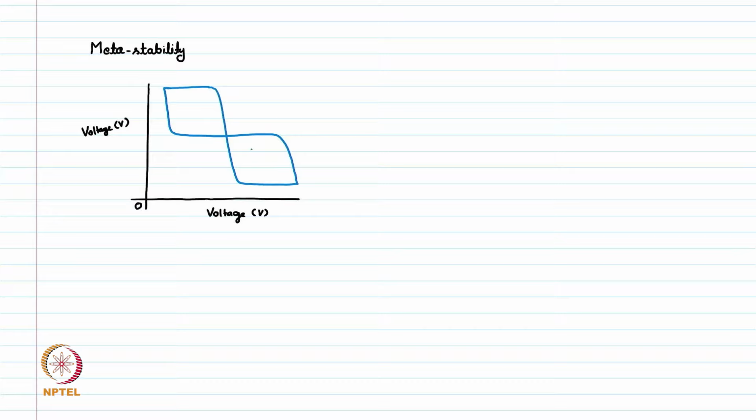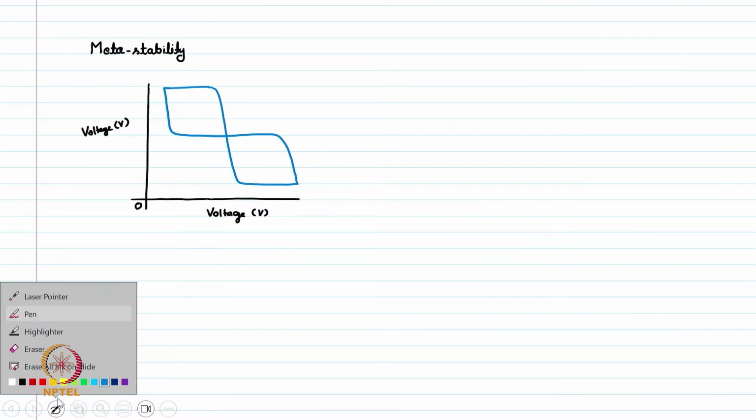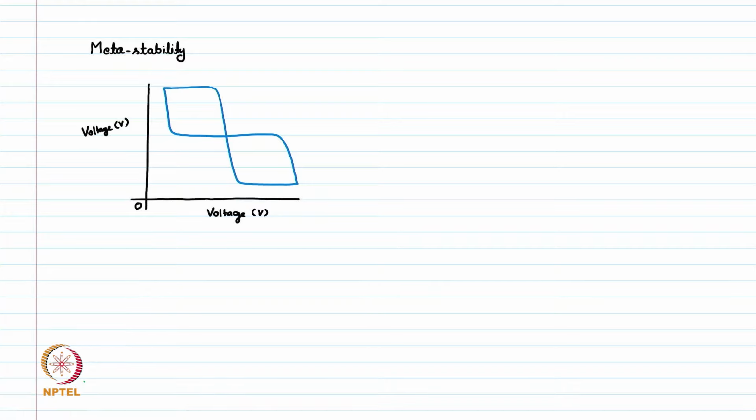Now, if we closely see, we have these two loops here, and if we hypothetically try to fit a square in this, let's say this is the biggest square I can fit in this loop, this is called the static noise margin, or SNM.